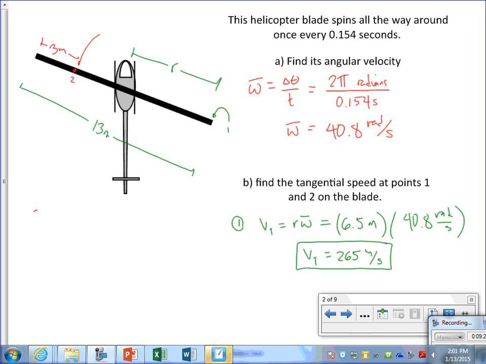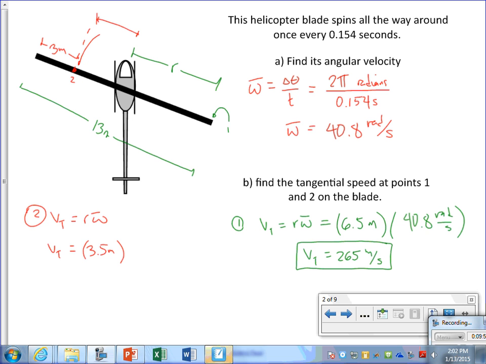All right, for point 2, well, same thing, r omega, same angular velocity. All right, except here, our radius, 3.5 meters by my math, right? Again, we want from here to here, and that's 3 meters from the end, and the end is 6.5 meters away.